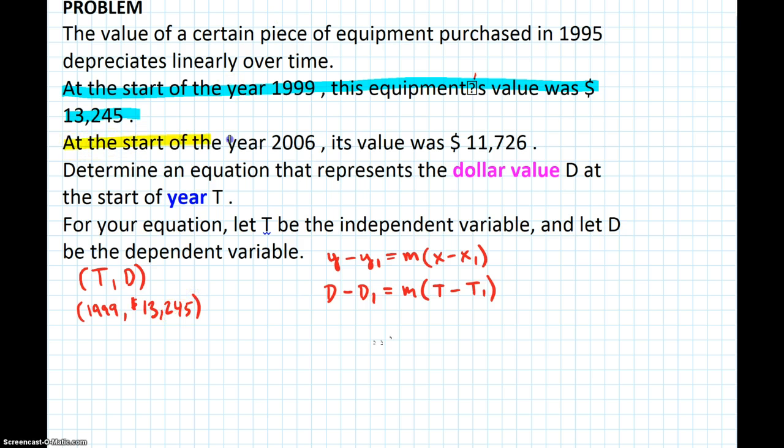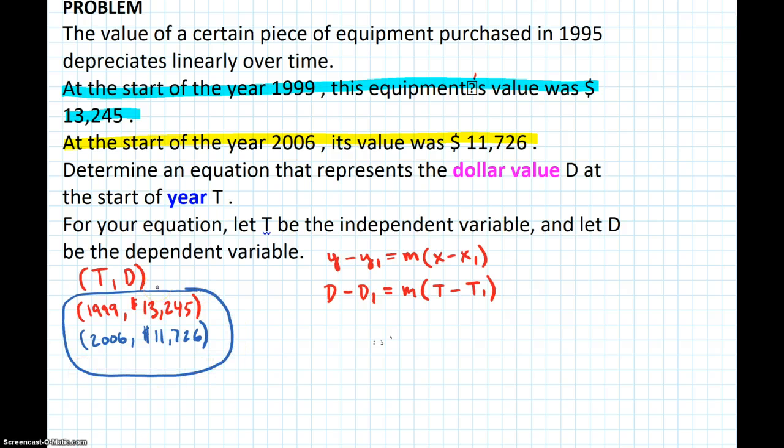Our second point is right here, and that's going to be written as 2006, and the dollar amount that goes with that is $11,726.